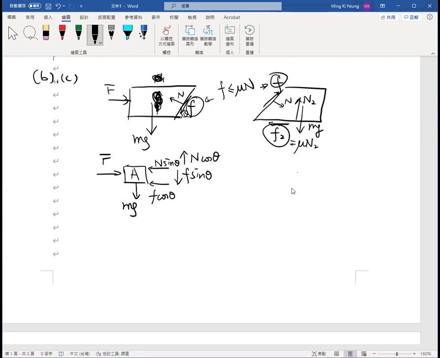Then for object B, mu N2, mg. And for all the F and N, they have just the opposite direction because they are an adjacent pair. If not, you just do it again by yourself.